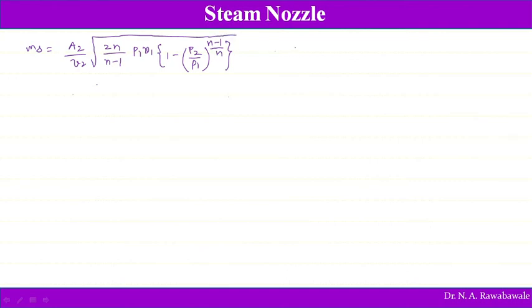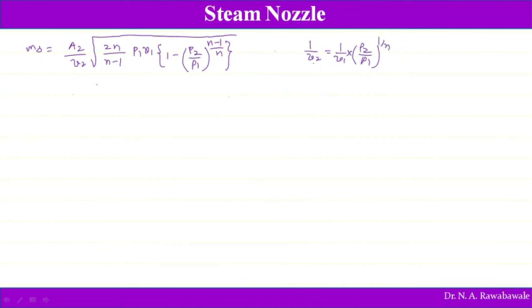So now, just now we have obtained 1 by v2 is equal to 1 by v1 into (p2 divided by p1) to the power of 1 over n.